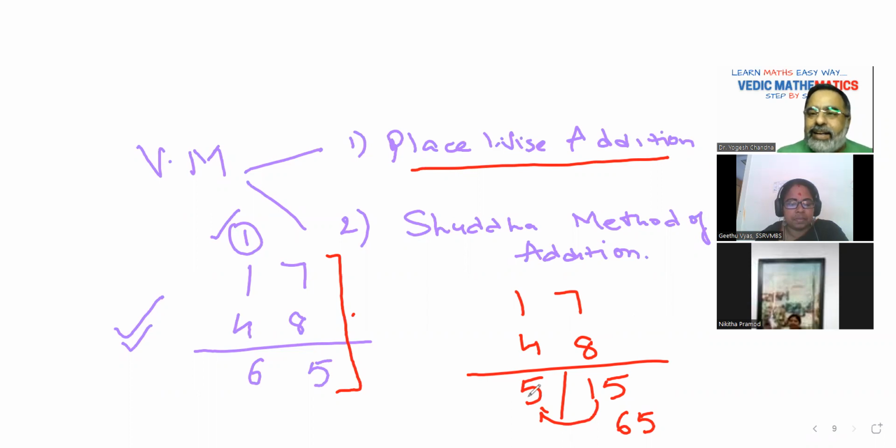Just try to think mentally, what would be easier? We'll be able to calculate this mentally or this mentally. The second one, sir. And it's not a tough thing, but we have never thought of it. We have never been taught this in our normal mathematics.